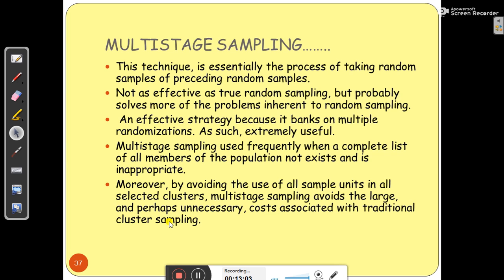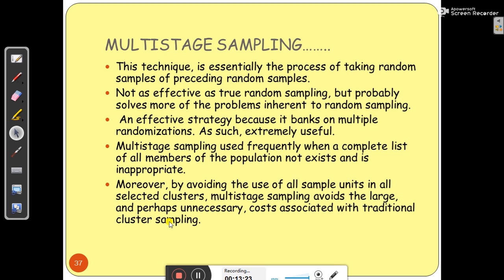So you already try to avoid large and perhaps unnecessary cost during that process, because you are going to choose only those randomly selected districts or talukas or villages, not all the districts, all the villages, all the talukas.